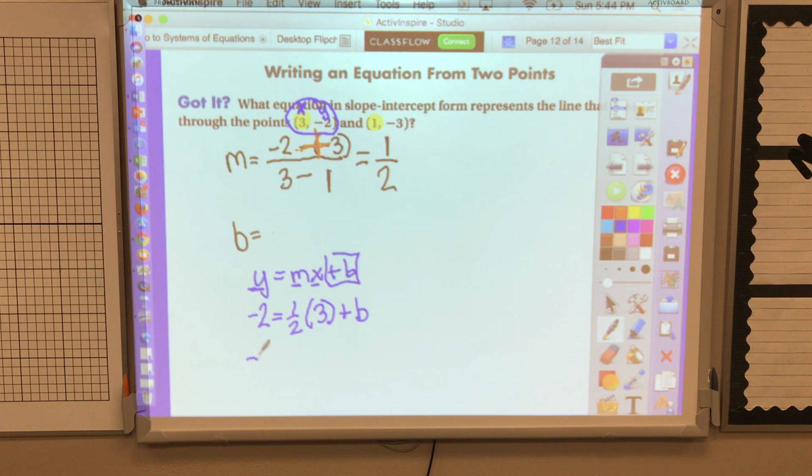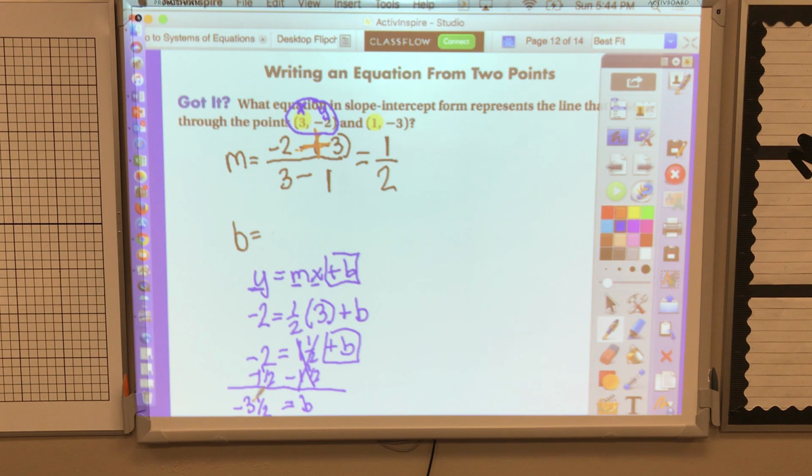First step's going to be to multiply, so I have -2 equals 1/2 times 3, plus b. To get b by itself, I need to get rid of the 3/2, which means I subtract it on both sides. On the right side, that gives an answer of -3 and 1/2.